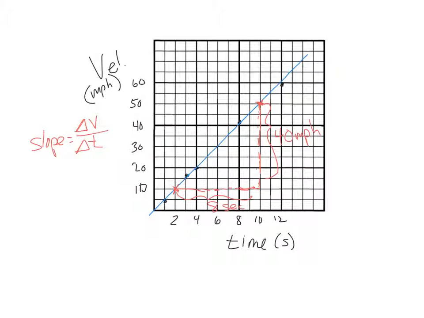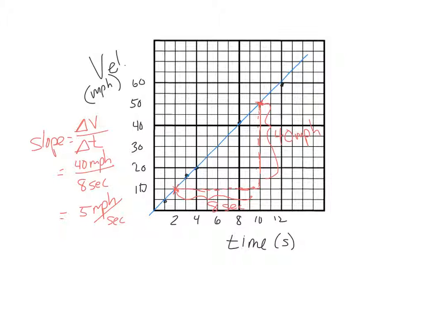So if we put some numbers in here, that's 40 miles per hour, delta V, divided by 8 seconds, which is, last I checked, 5 miles per hour for every second.